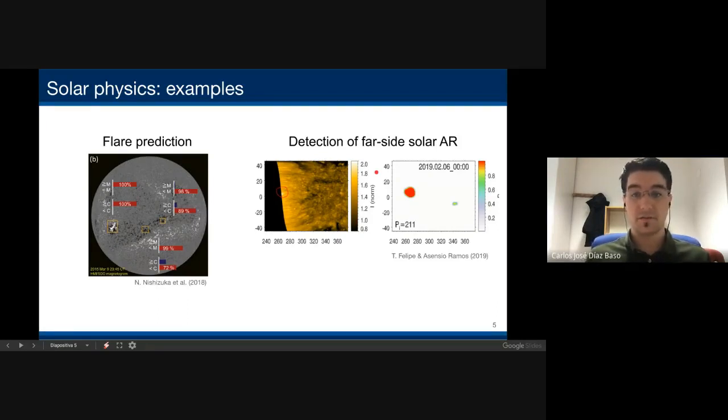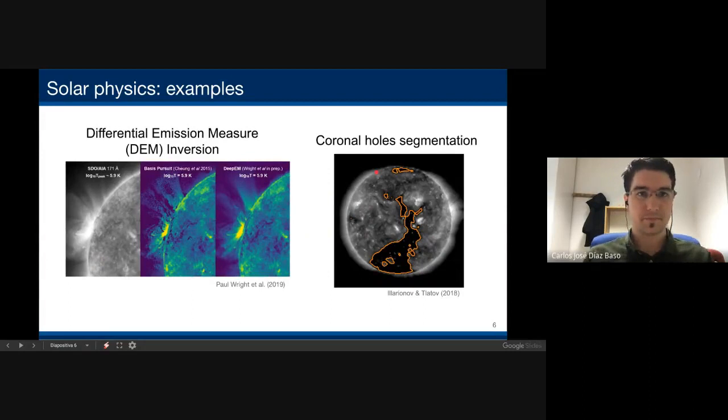The detection of far-side solar active regions is also very important in space weather forecasting. Another example can be a fast and robust differential emission inversion code to overcome problems with bad convergence in some areas, or effective segmentation programs like the one I showed you here, where they can study the evolution of the coronal holes.